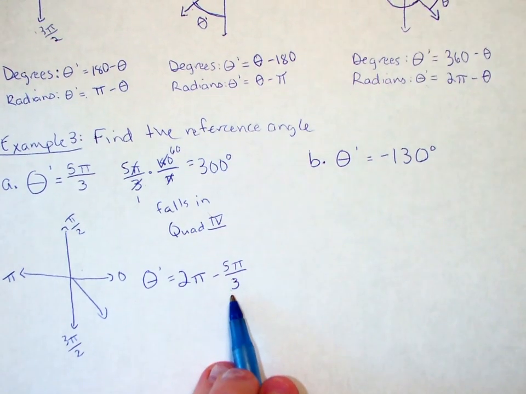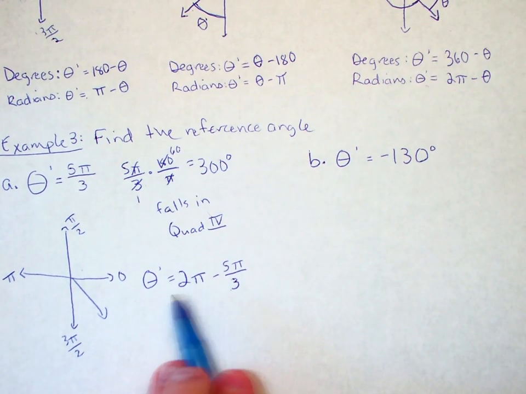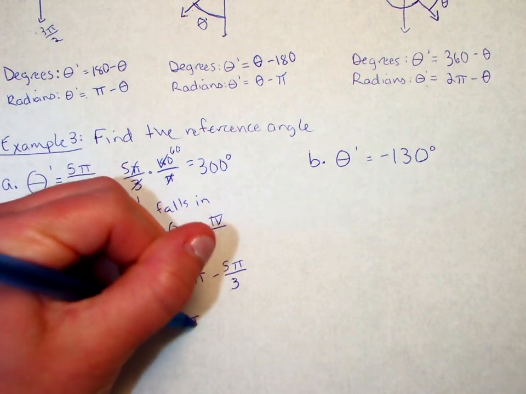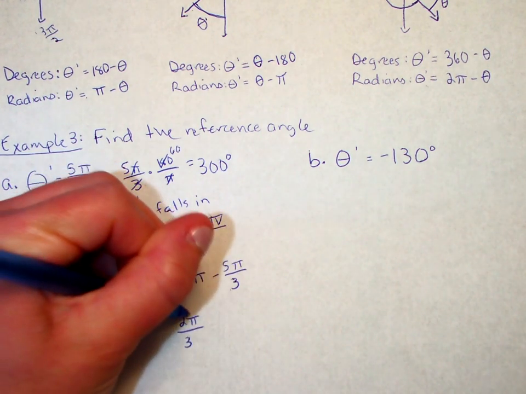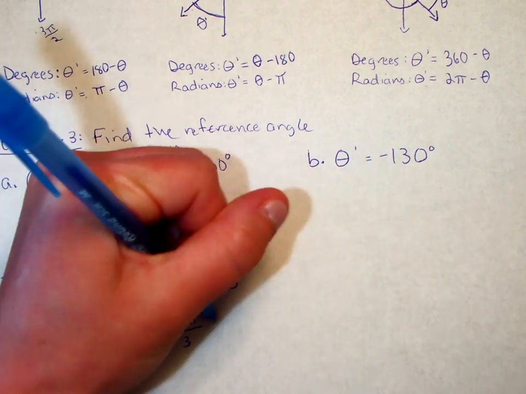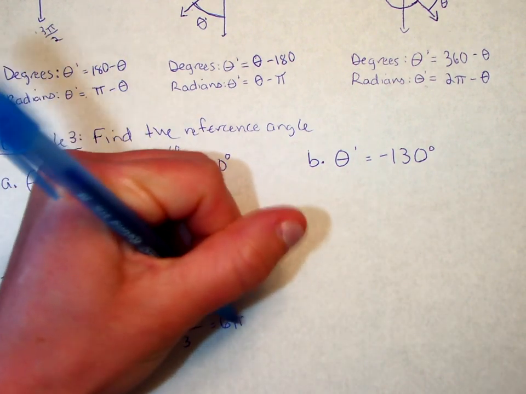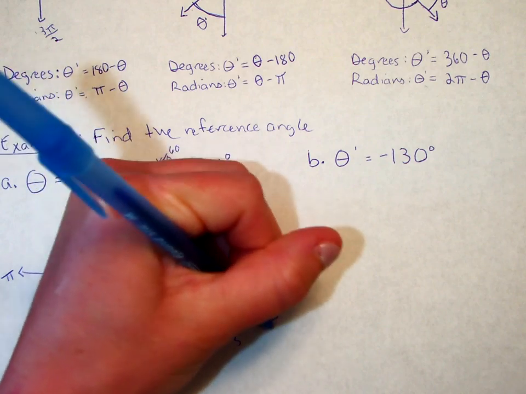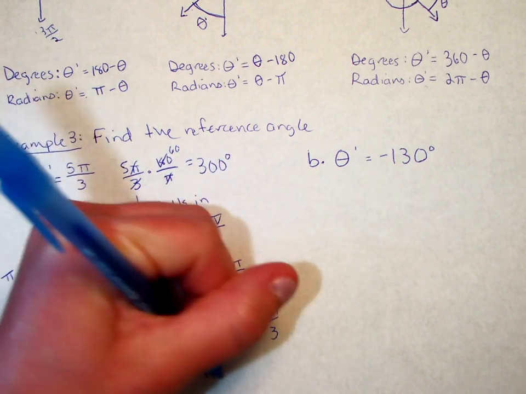Remember, whenever you're subtracting fractions, they have to have like denominators. So you turn 2 pi into a fraction over 3 by multiplying top and bottom by 3, and you get 6 pi over 3. Then minus your original 5 pi over 3, and you get pi over 3.